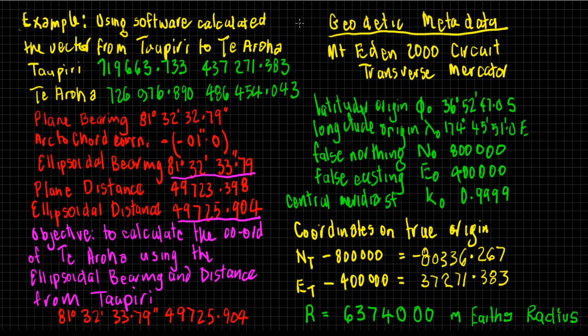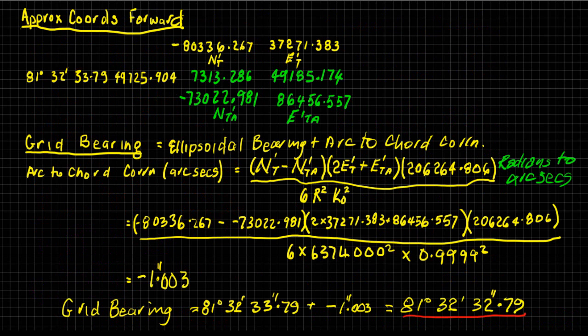The coordinates of the true origin of trig Taupri, where we're starting from, are calculated here. Just remember that the Earth's radius for this calculation is 6,374,000 meters. That's the Earth's radius that we use quite significantly in our calculations.